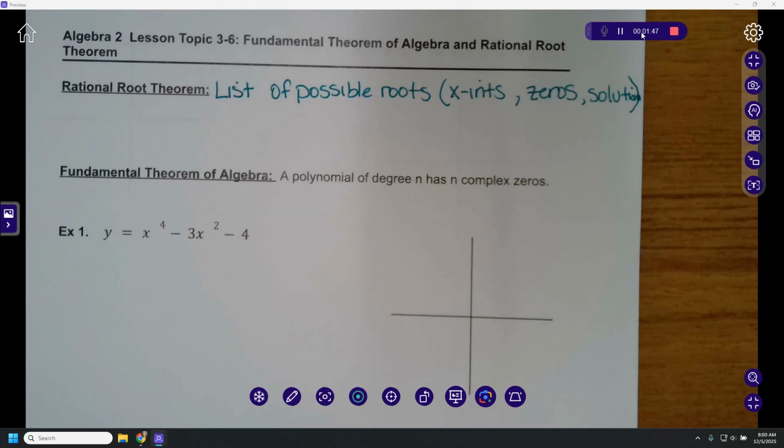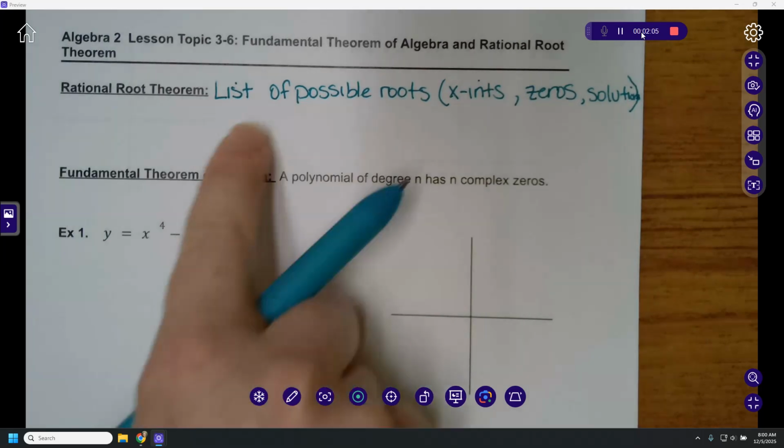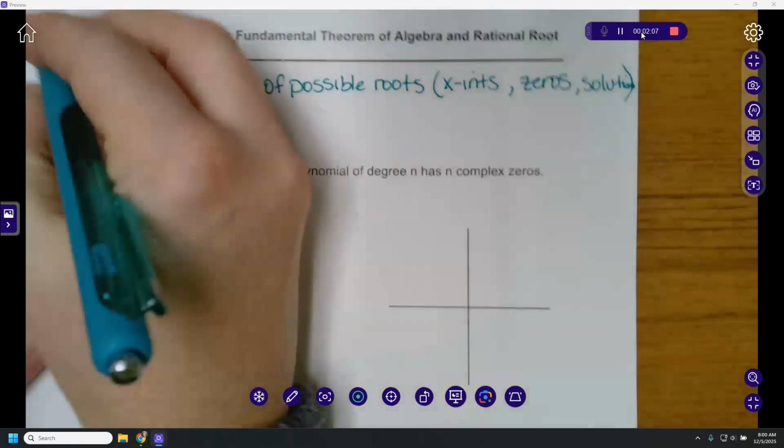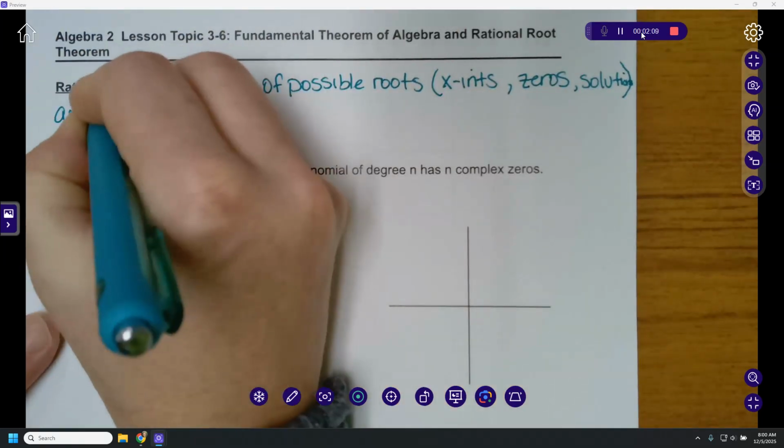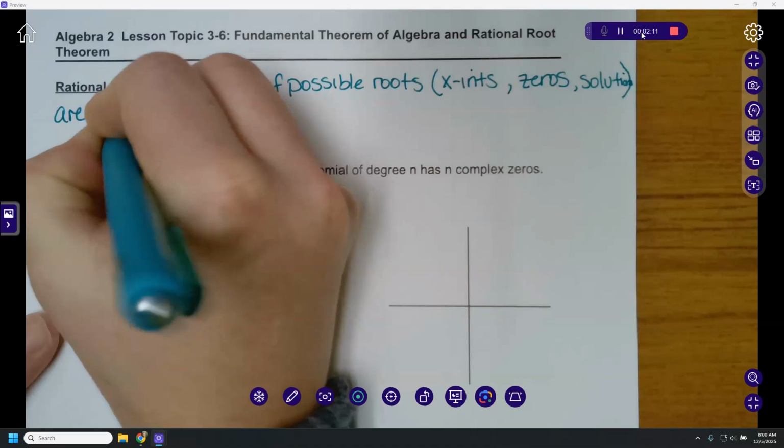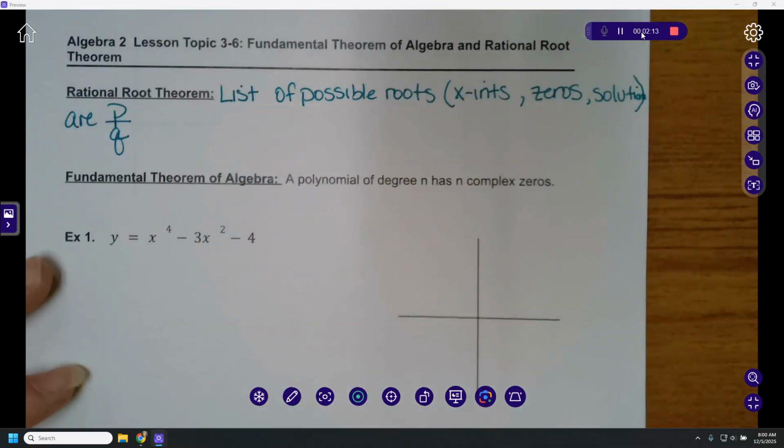So when I talk about root, I'm talking about the x-intercepts of the graph. There is a way, from the equation of a polynomial, we can generate a list, and we're going to practice doing that today. And the list is going to help us figure out what the potential x-intercepts are. And then at least it will help us narrow it down. So the list of possible roots are going to be of the form P over Q, and you might be thinking, what does that mean?